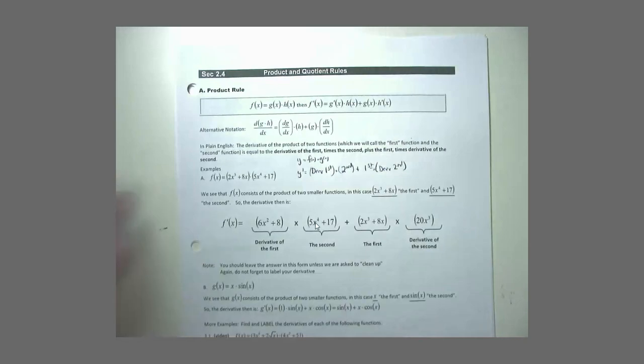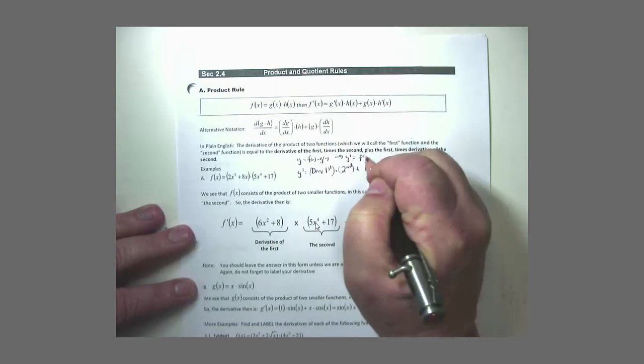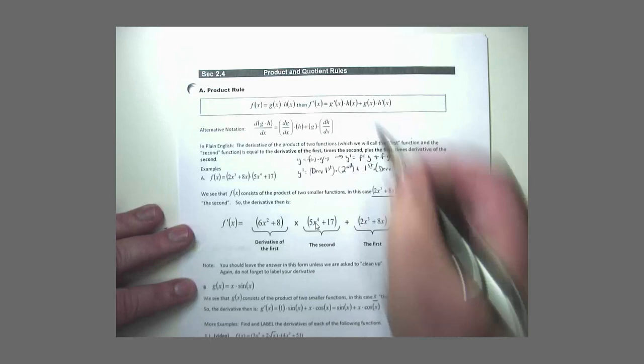Basically, you do this alternating derivative thing. You take the derivative of the first and multiply it times the second function, plus the first times the derivative of the second. So you end up getting the derivative being equal to f prime times g plus f times g prime. And this is where they get their little formula from.